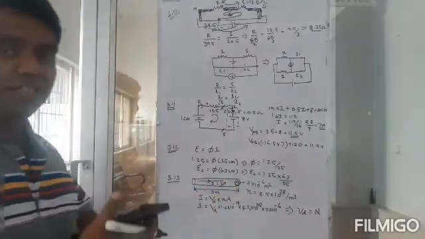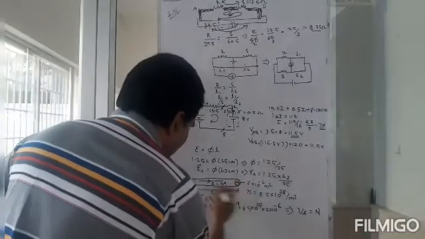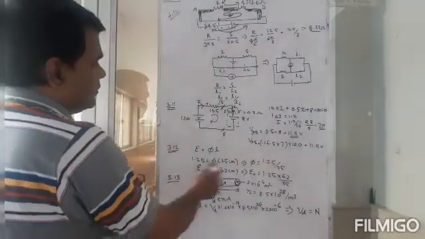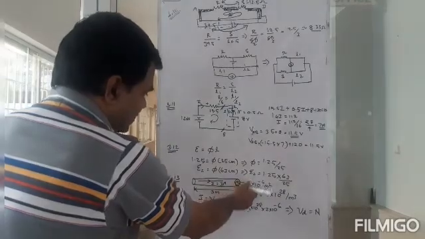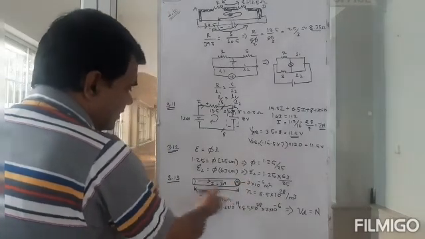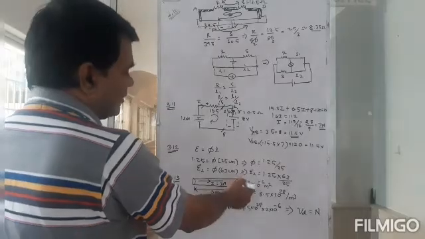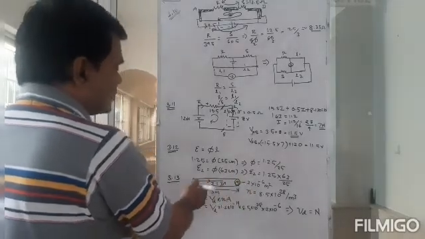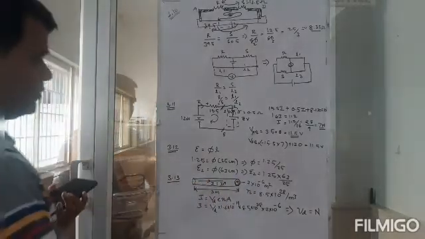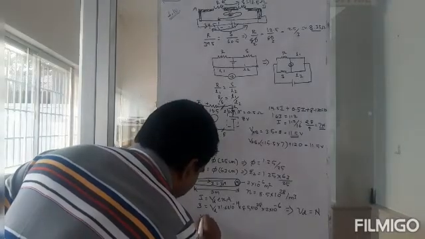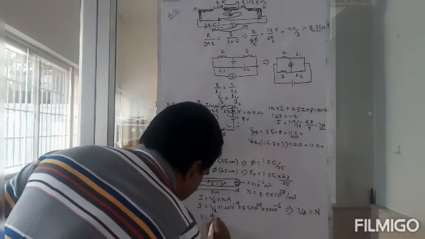So how long will it take? The electrons will start moving from here with this velocity, and they need to cover 3 meters. Then how long will it take for an electron that enters at one end to come out of the other end? That's so simple, right? So the distance is given. Speed is equal to distance per time.